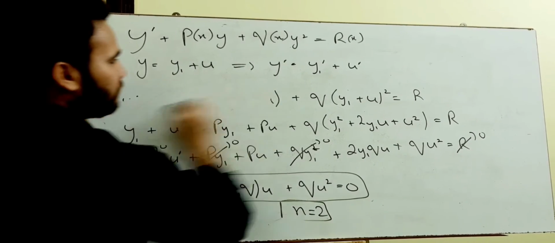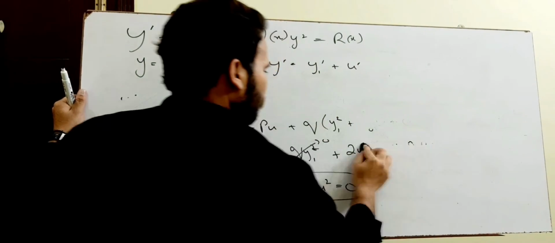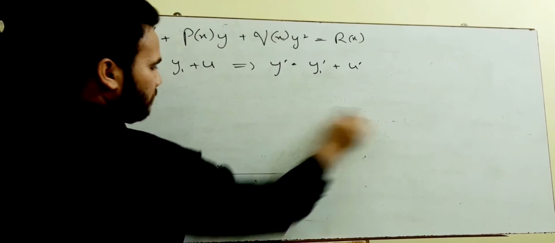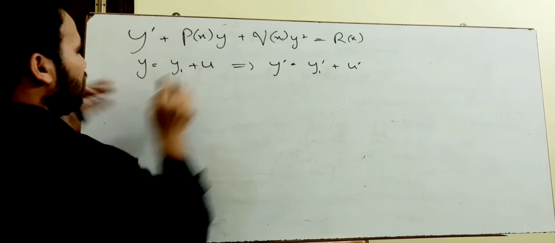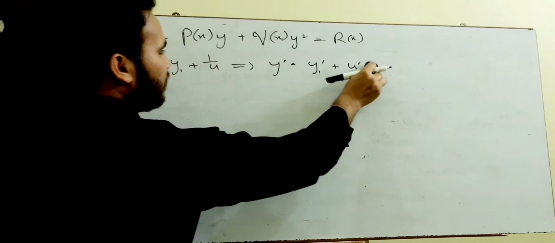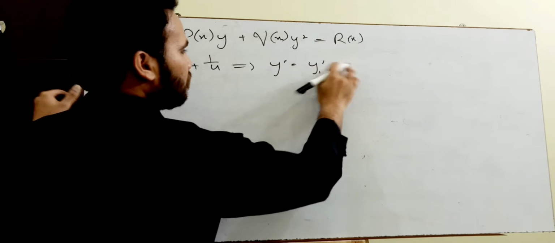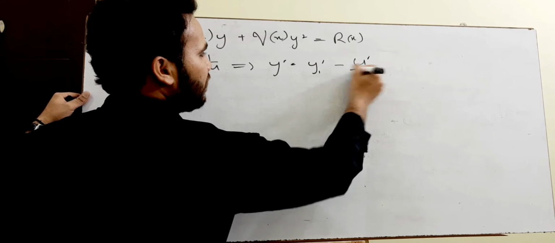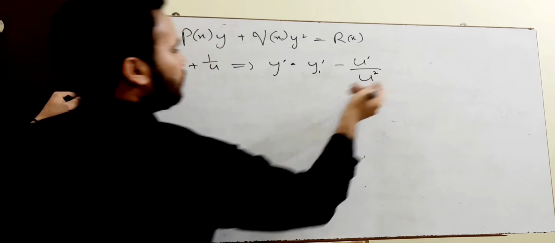Now the second substitution, y equals y1 plus 1 upon u. The derivative of this is minus u derivative over u squared.